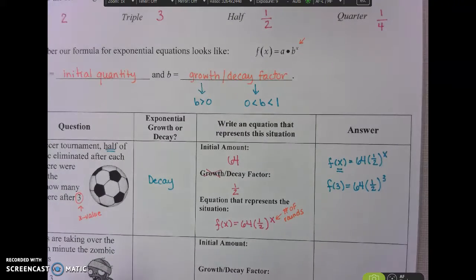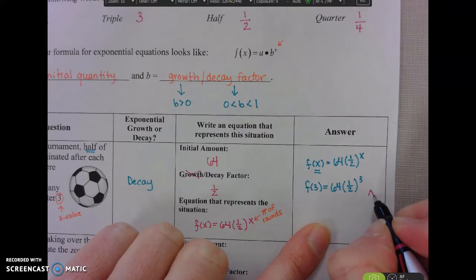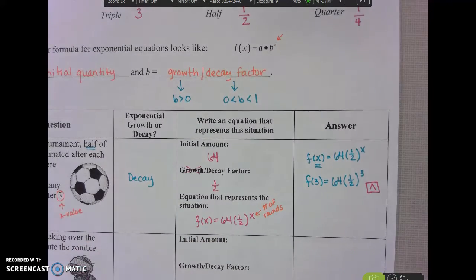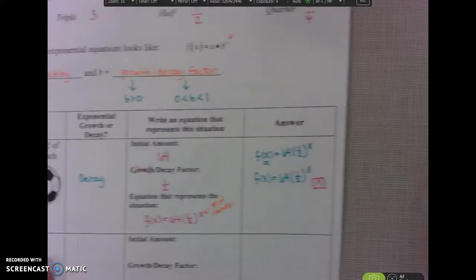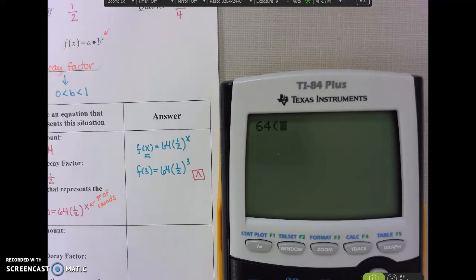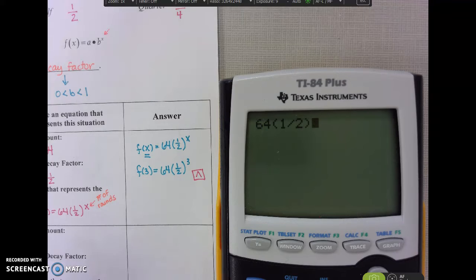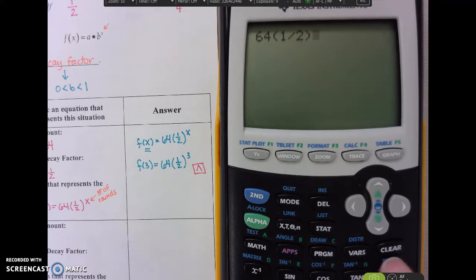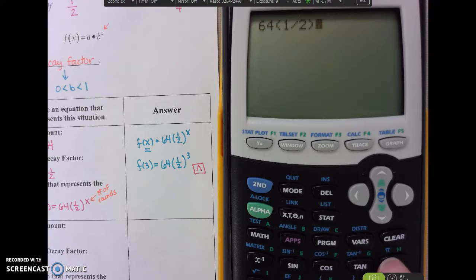So let's remember our graphing calculators if we are going to be using them, which we should be, that we are going to use the up arrow key, which is right above the division sign, to represent an exponent. So given my graphing calculator, I'm going to put it in exactly as I see it on my paper. Up arrow, which is right here above that division key.